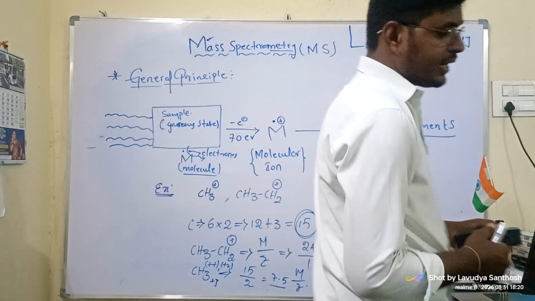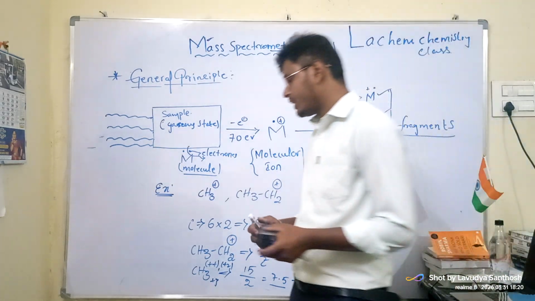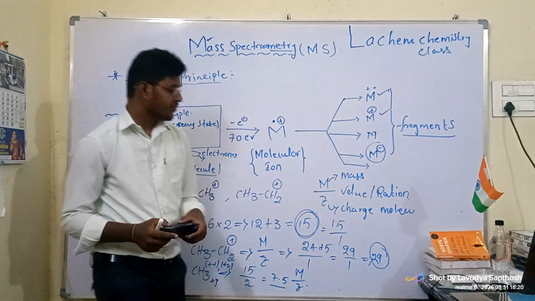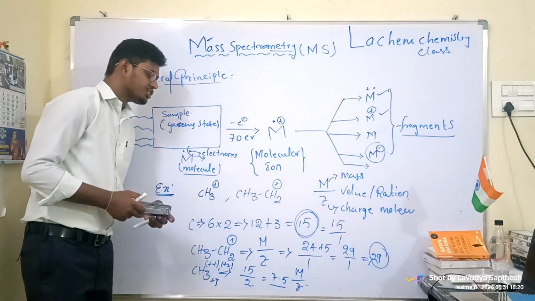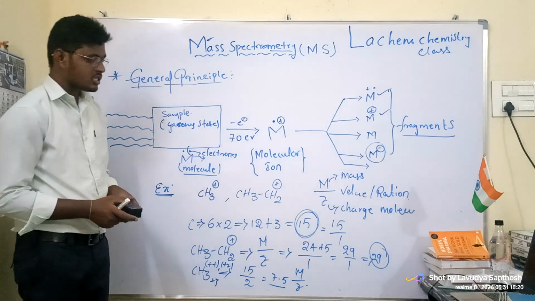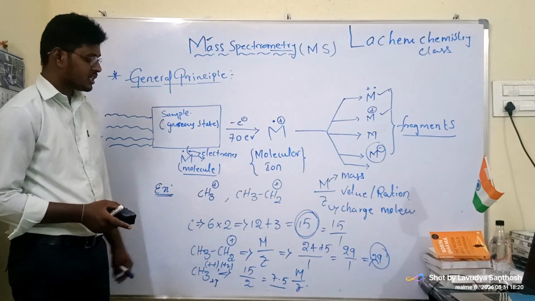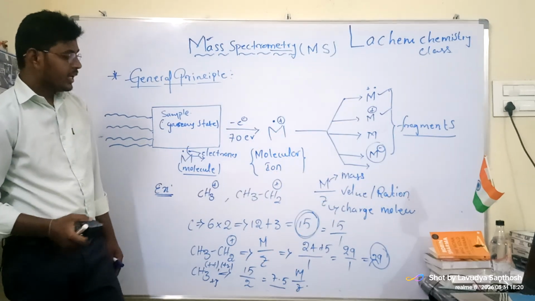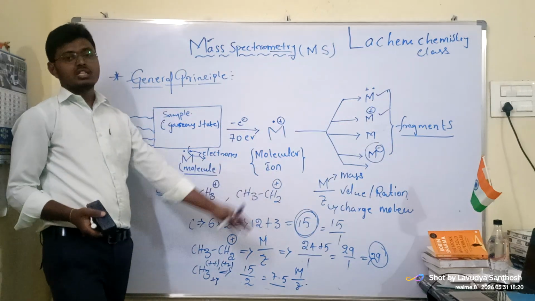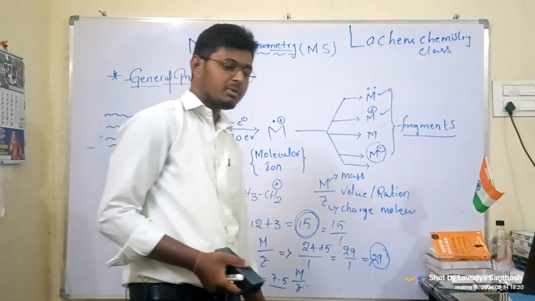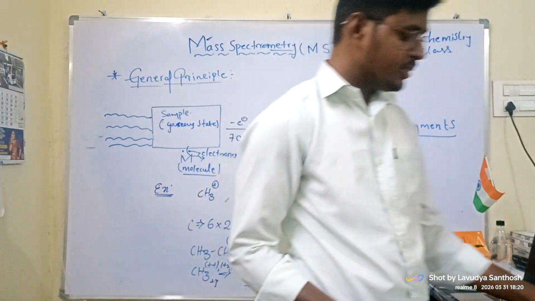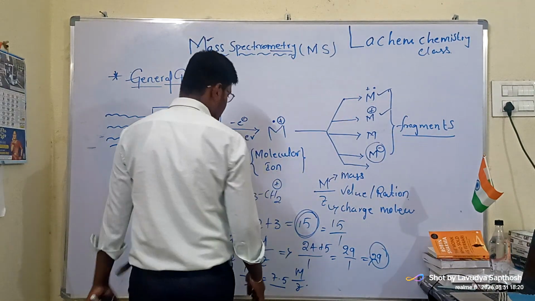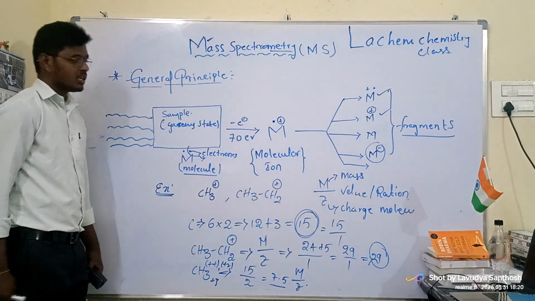For a triply charged ion, nothing but plus 3, the z value is 3.